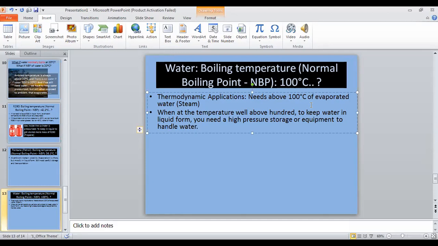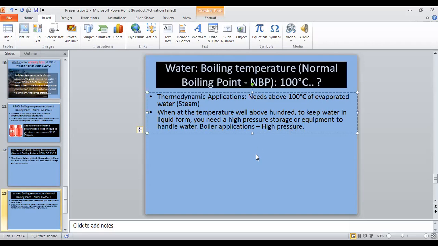So well above 100 it is already vapor. If you need to have it still in liquid form, you have to have high pressure. That's why boiler applications consider high pressure.